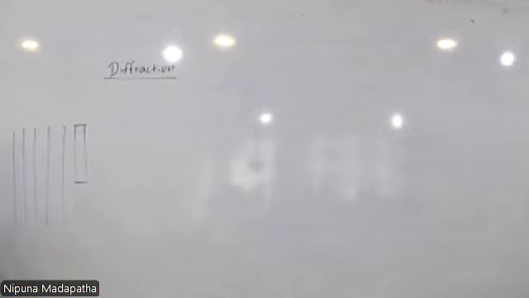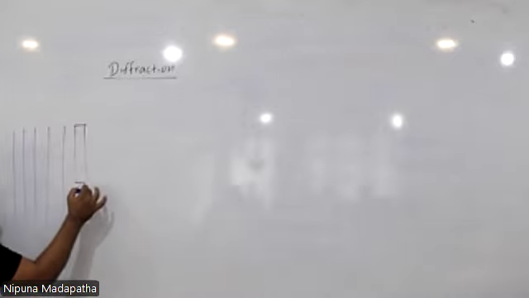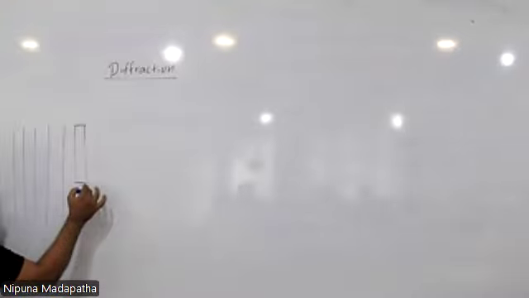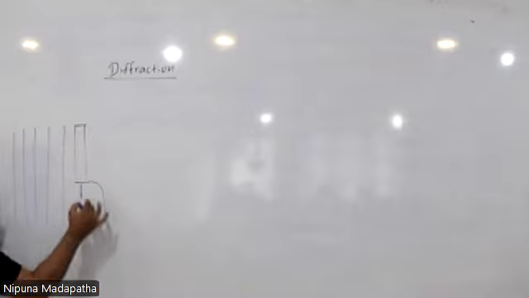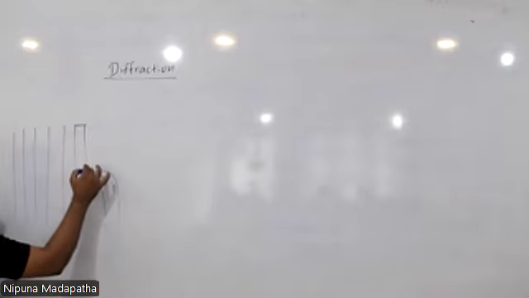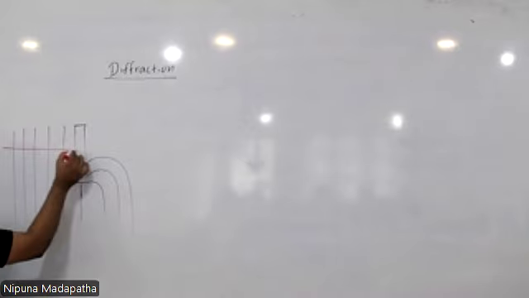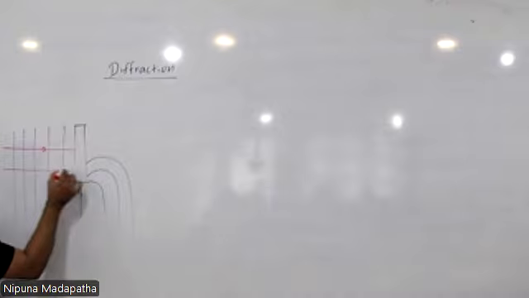When a wave reaches or strikes a barrier or some obstacle, it bends and spreads like this. These are the wave fronts, and this is the direction the wave travels.